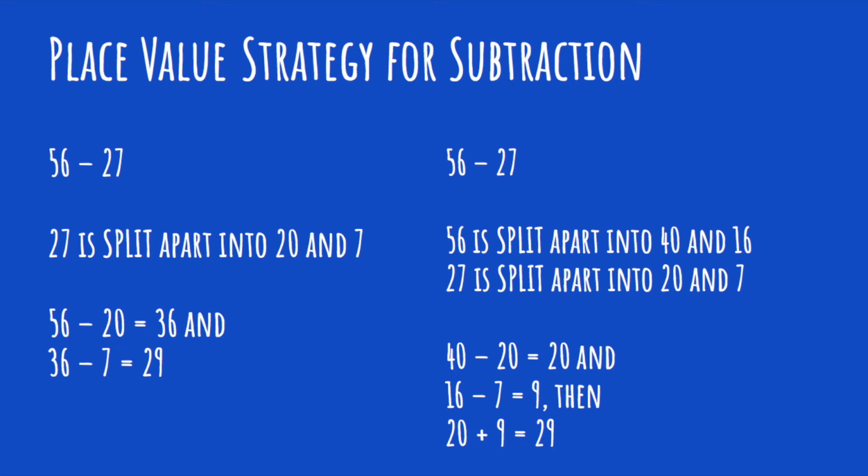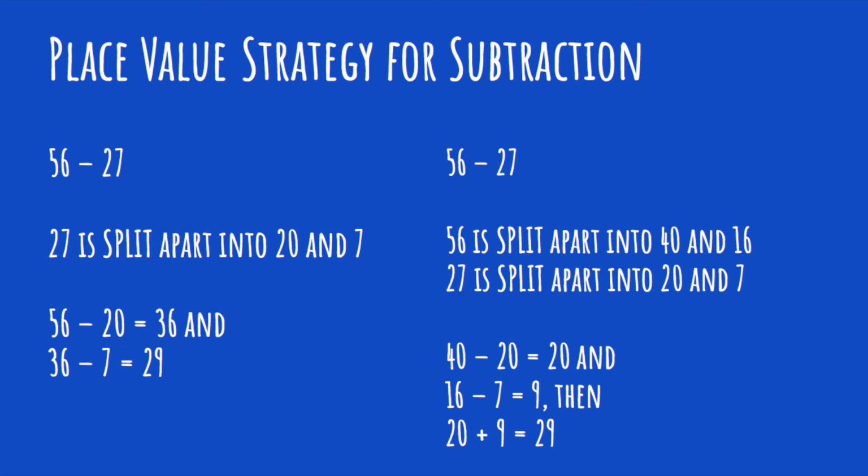And then over here, another way of thinking about it is that 56 is split apart into 40 and 16. And lots of times kids don't think about moving a 10 back into ones, changing it back into ones, but that's a great strategy to use. And it actually mimics what we do with our algorithm, moving it over, but we would need to model that for them.